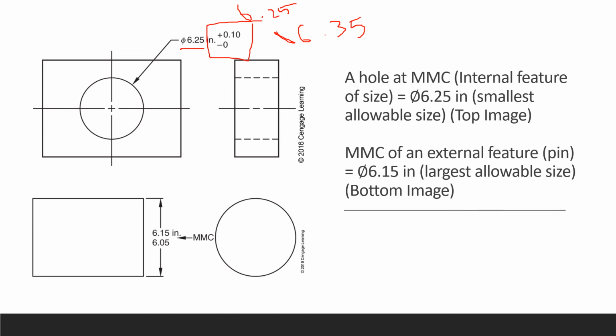So when you take a look at the internal feature mathematically, the hole at maximum material condition is going to be the smallest allowable size. When you go by the math, students usually try to remember this for the smallest allowable size, and that's 6.25 because you don't go in this direction.